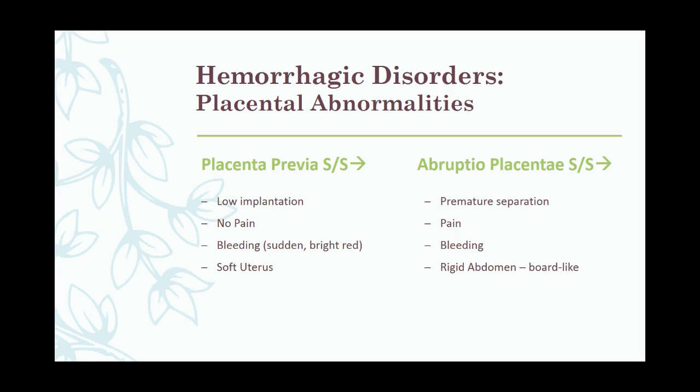Their uterus usually remains soft. With abruptions, there is a premature separation of the placenta from the uterine wall. These people complain of severe pain, and they also have bleeding, and their abdomen is rigid and very board-like.